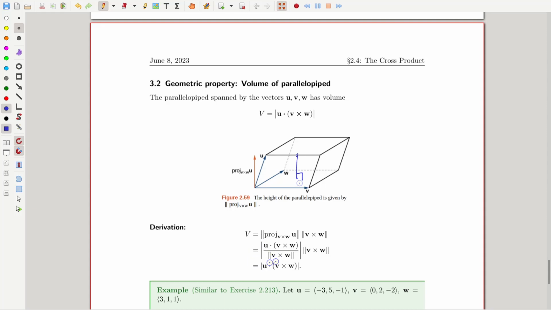And then lastly, you split the absolute values over both top and bottom, because both the numerator and denominator of this fraction are actually numbers. The magnitude is a positive number, so that disappears, and then you can cancel. So you end up being just left with the absolute value of this quantity, the triple scalar product. So that's the derivation. It's kind of neat.